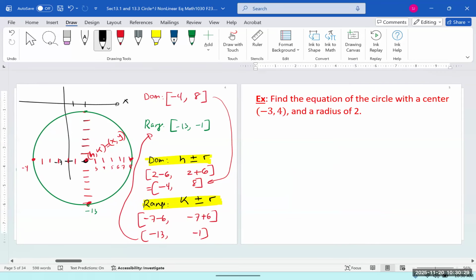Okay, now the other way around. They give you the center and radius, find the equation of the circle in standard form. First, you tell me the equation of the circle.